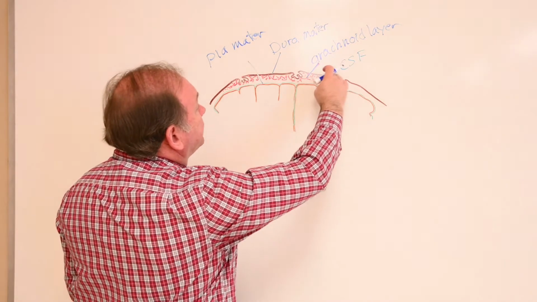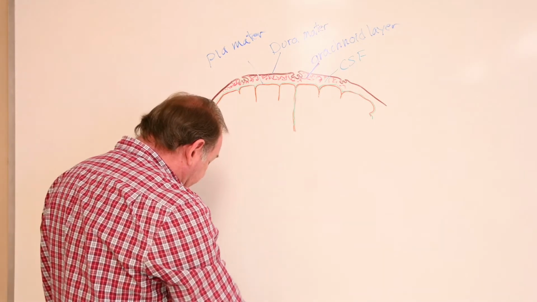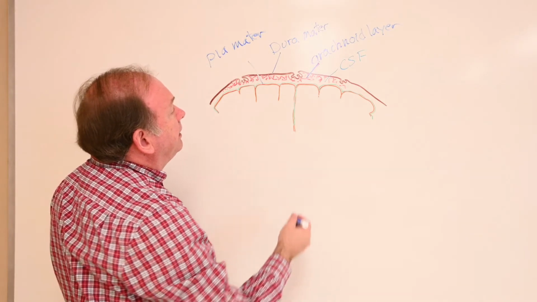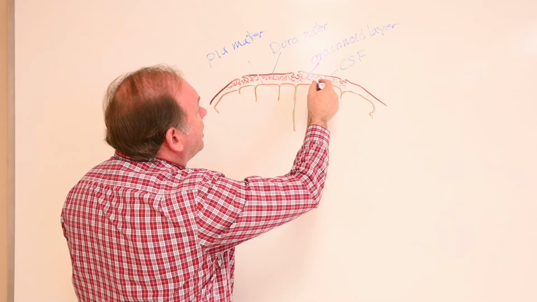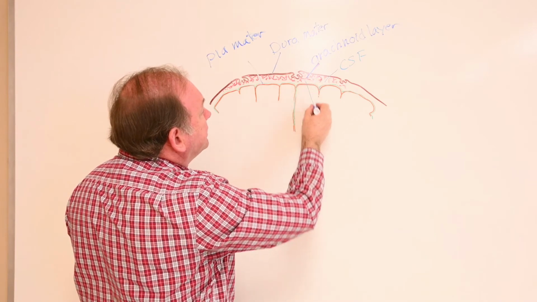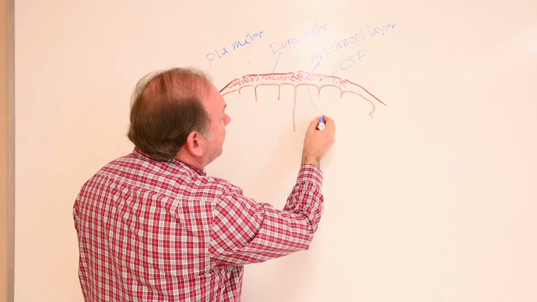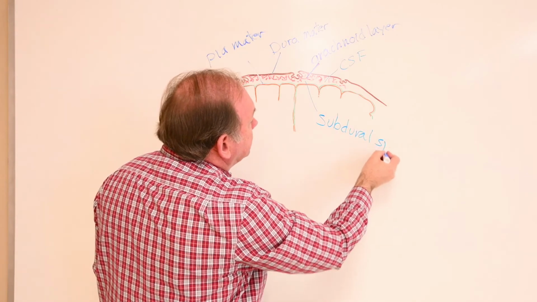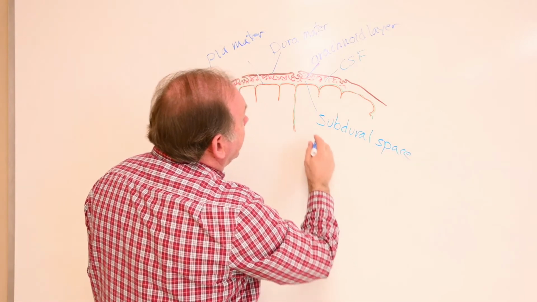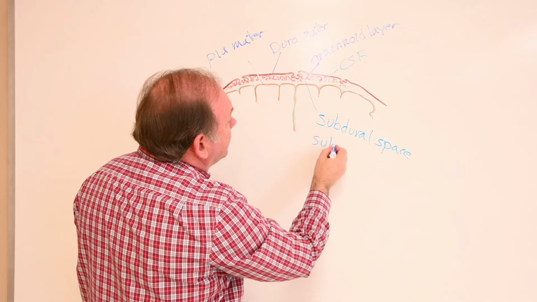I've already mentioned that the cerebrospinal fluid fills that space there, and we often refer to that space between the dura mater and the pia mater that has that fluid in it. Sometimes it's called the subdural space, and sometimes it's called the subarachnoid space.